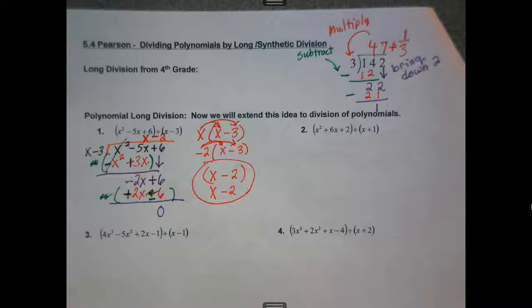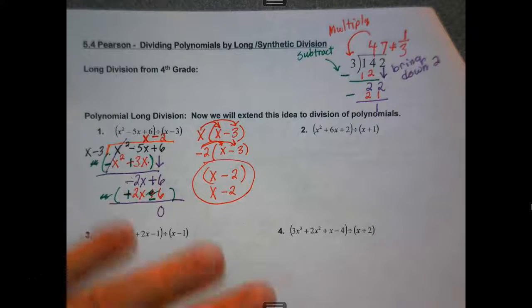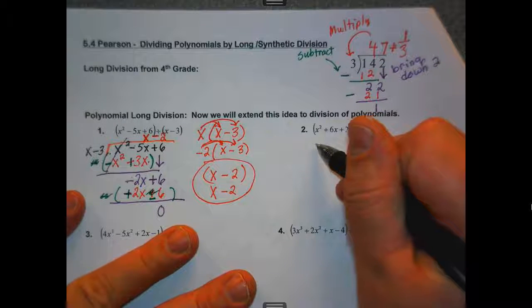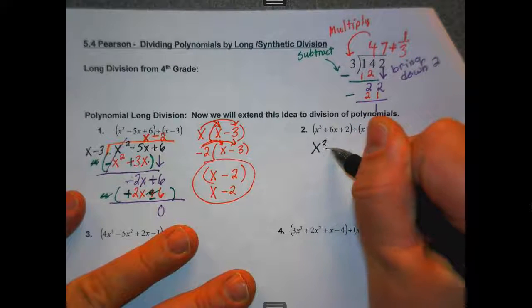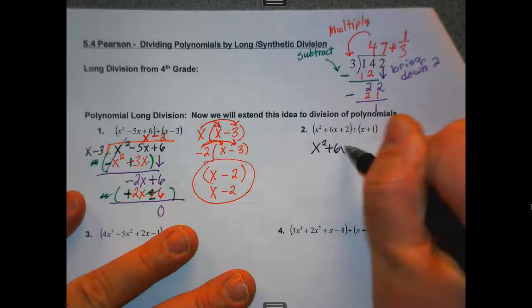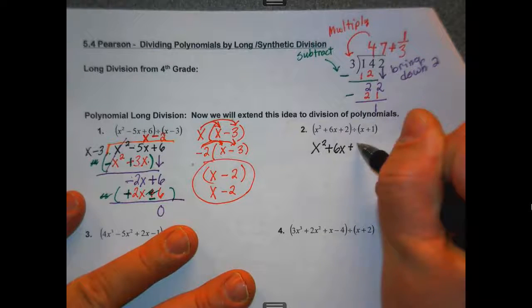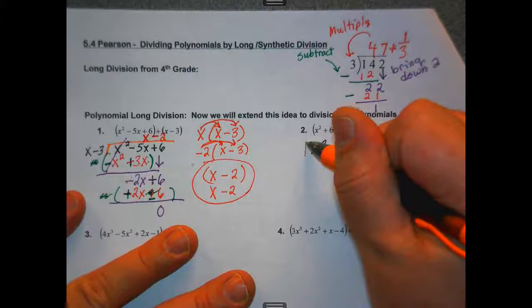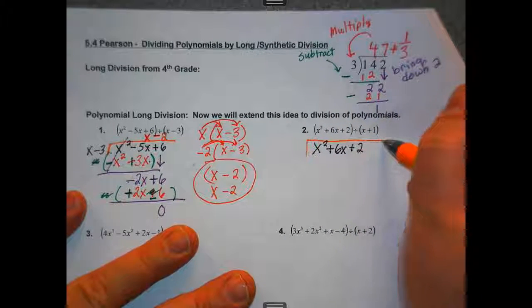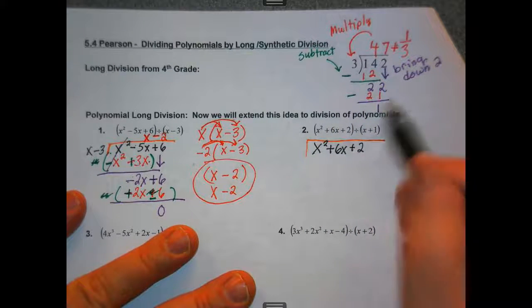Okay, kids, are you ready for another one? All right, I have x squared plus 6x plus 2. I'm going to divide it by x plus 1.